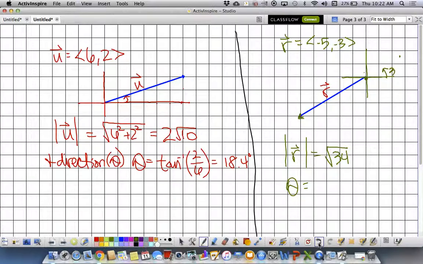The 31 point whatever is positive in the first quadrant, but where else is it positive? The third quadrant. So we add 180 because it makes that straight line.